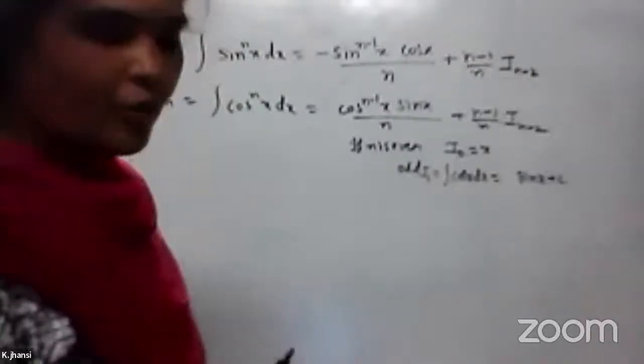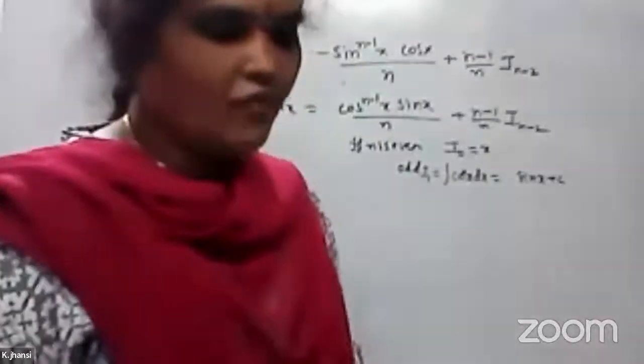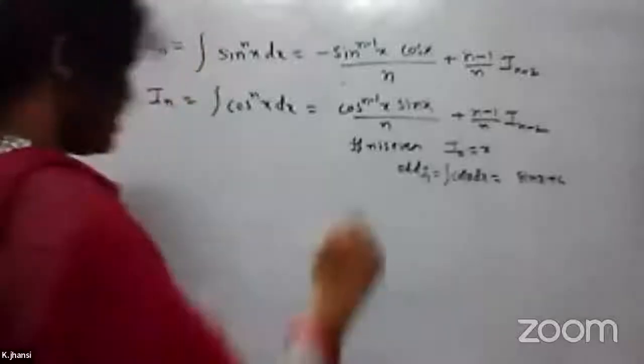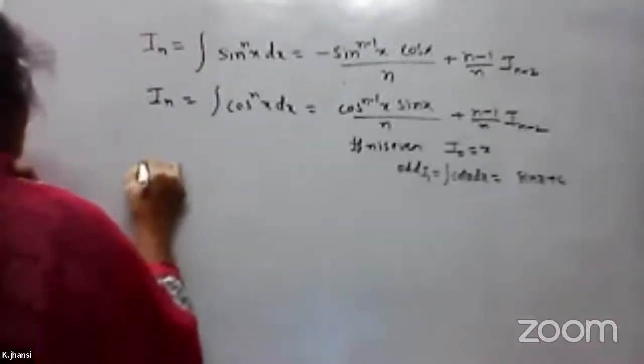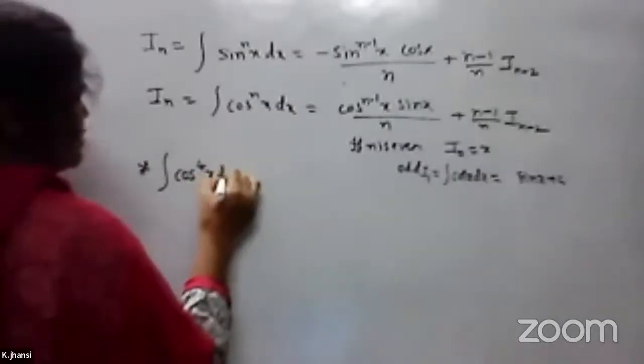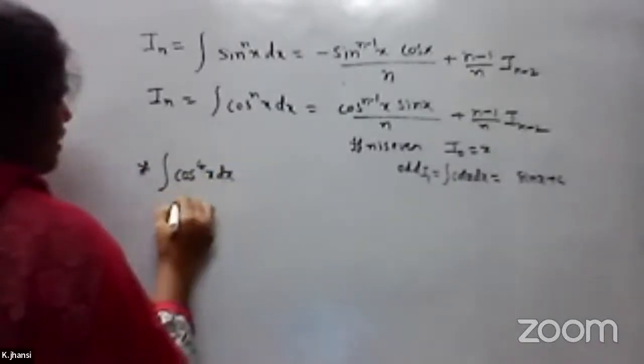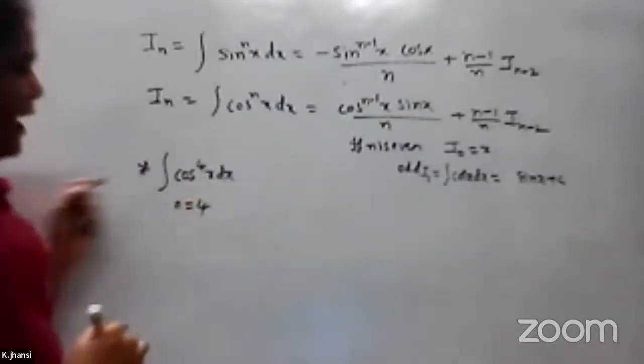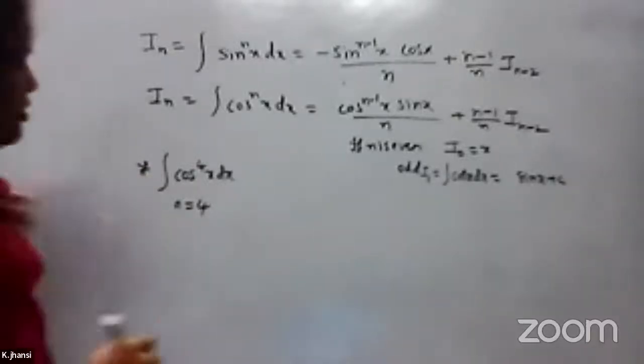So the problem is integration of cos^4 x dx. Integration of cos^4 x dx. So here our n value is 4 and it is even. Okay.